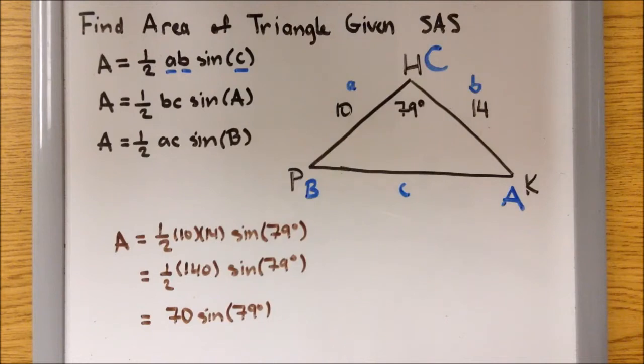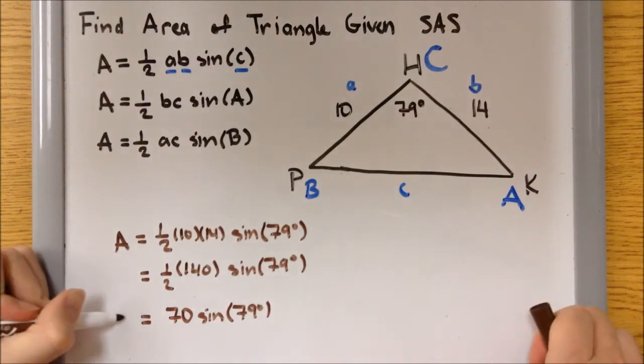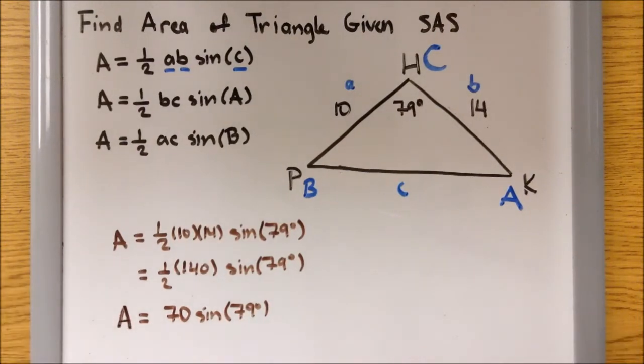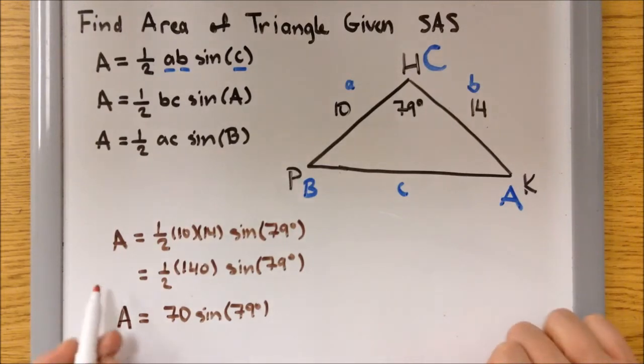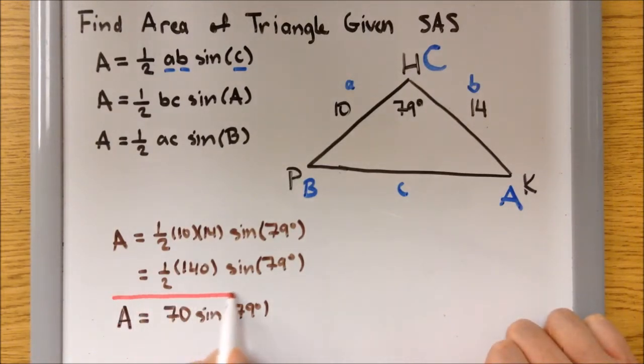So once you have that, there's nothing else you can simplify from the 70 nor from the sine. Then this would be our final answer. I would box that one up.